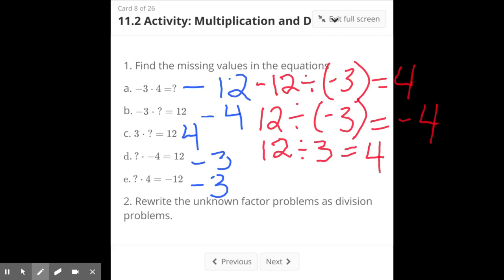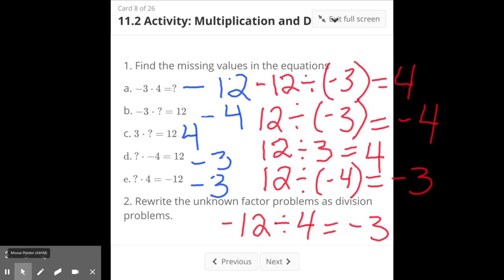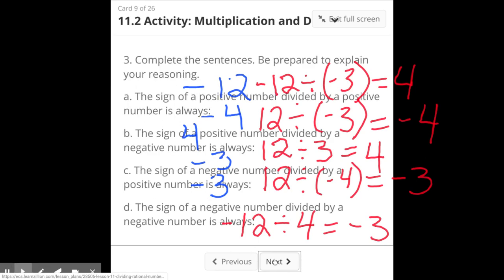And now we're on D, which is going to be 12 divided by negative 4 is equal to negative 3. And the last one, E, negative 12 divided by positive 4 is equal to negative 3. All right.